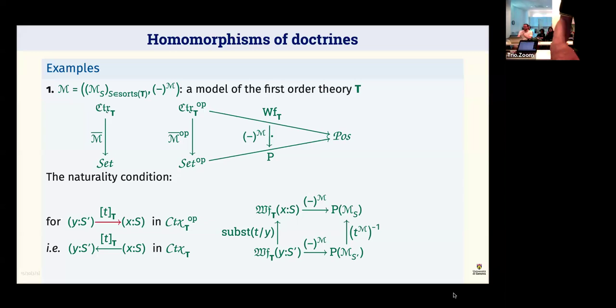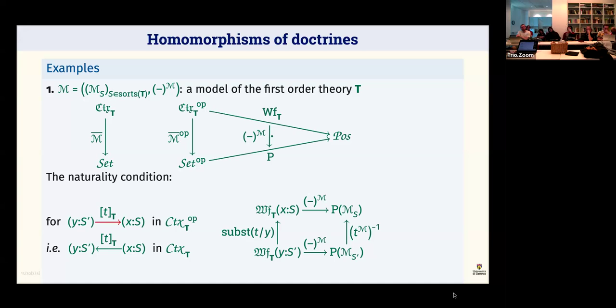So now I have to give you a natural transformation from this doctrine of well-formed formulas on the theory T into another doctrine, which is not a doctrine of well-formed formulas, but it is still defined on that category.